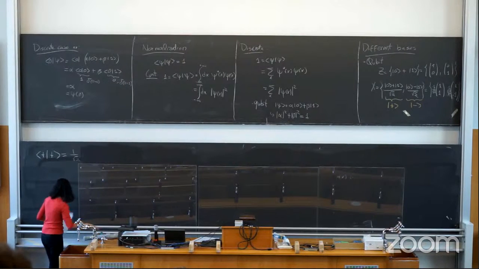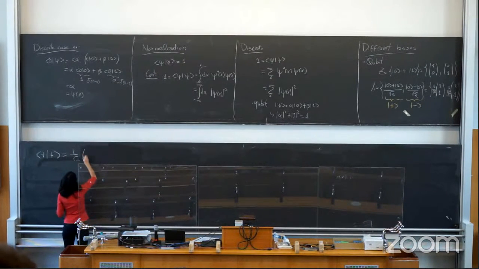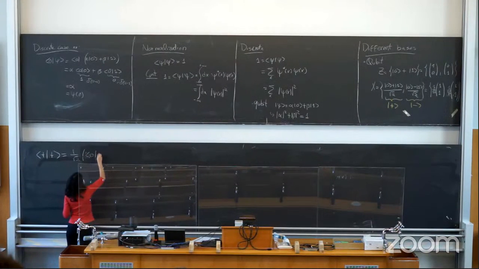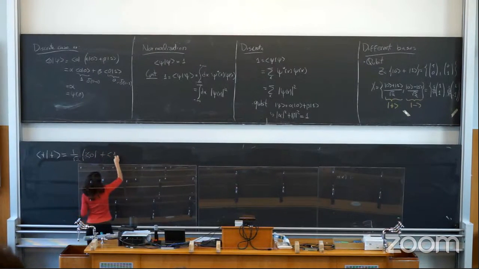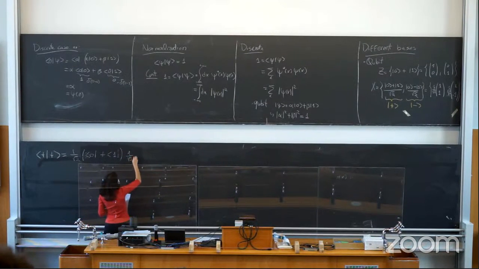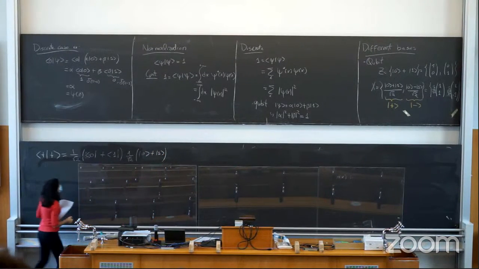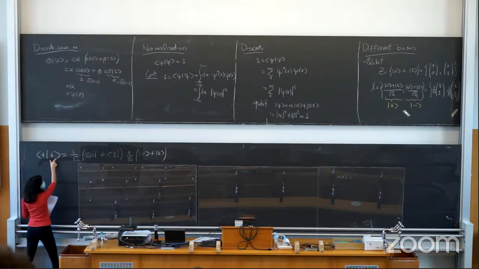I wanted to do the bra 0 plus 1, and now 1 over square root of 2, the ket 0 plus 1. Yes. This term is this. This term is the last one.